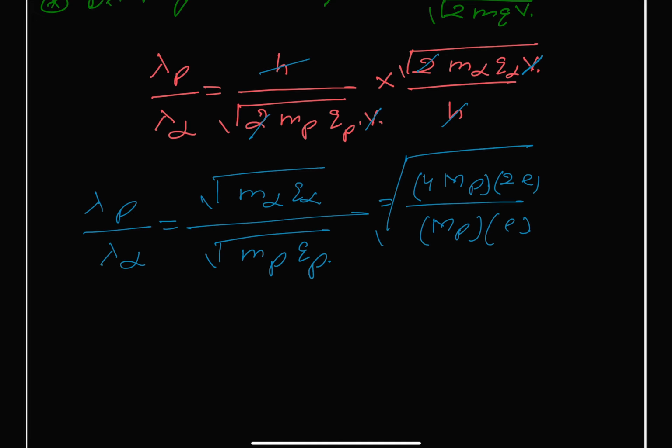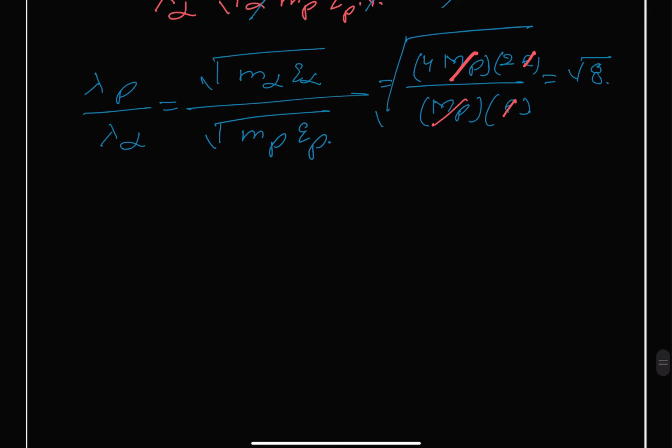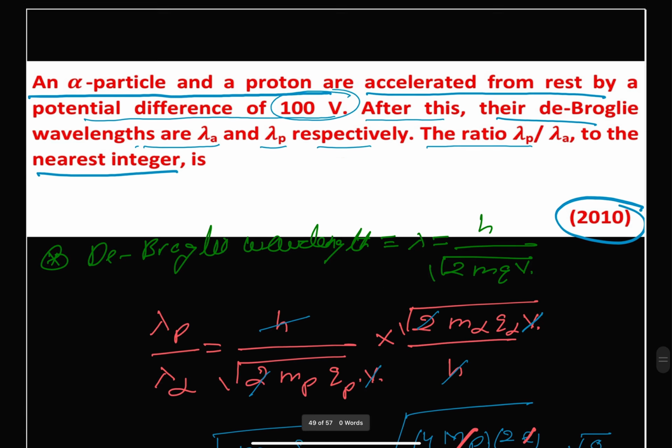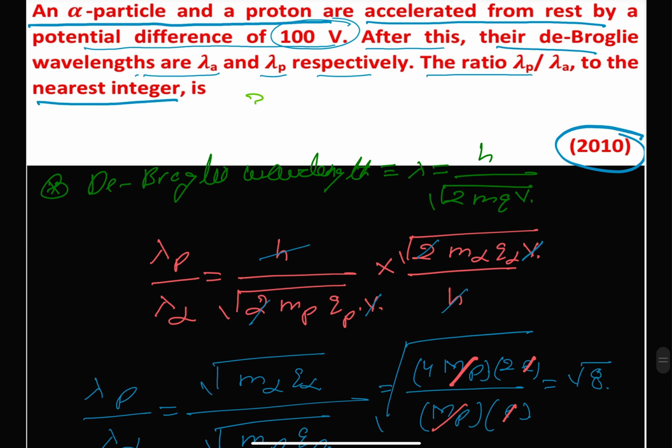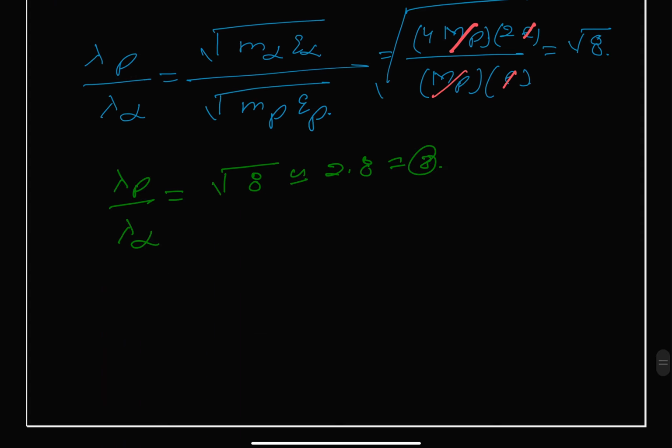So the mass of proton and charge cancel out, and this comes as square root of 8. So the ratio of wavelength for proton to alpha is square root of 8, which is approximately equal to 2.8. Nearest integer we can say this is 3. So option 3 is the correct answer. So this completes all the questions. Thank you.